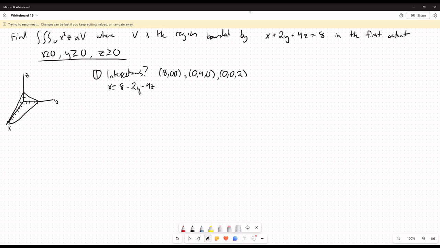If we're looking at what x has to be between, I'm going to write top minus bottom, but top minus bottom is not going to be the best thing to think of here. What's x between? Well, it has to be bigger than or equal to 0 because we're in the first octant.